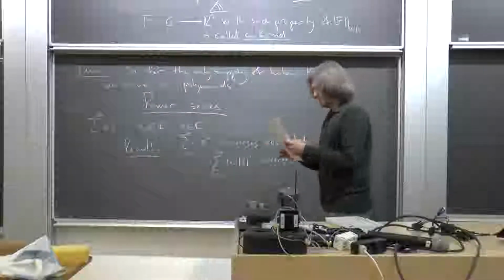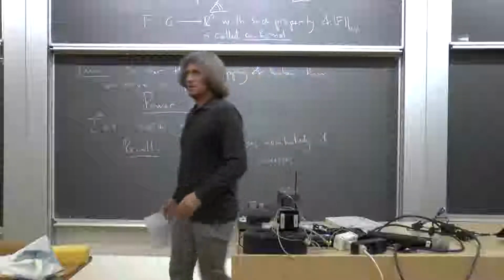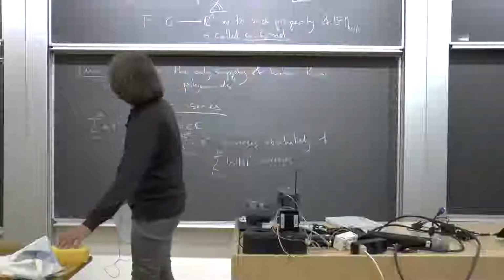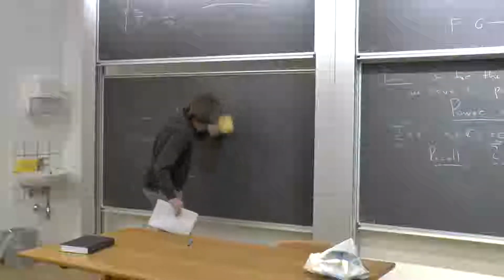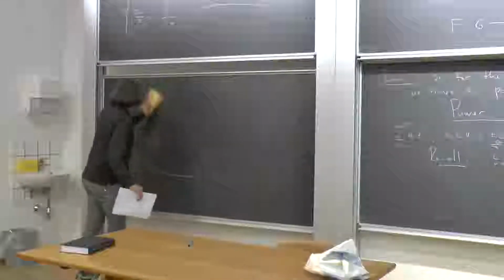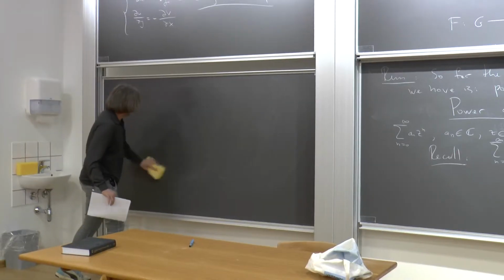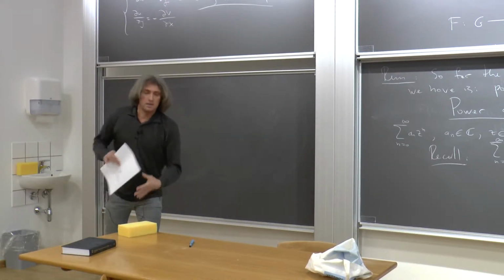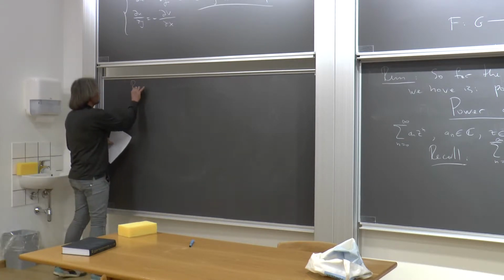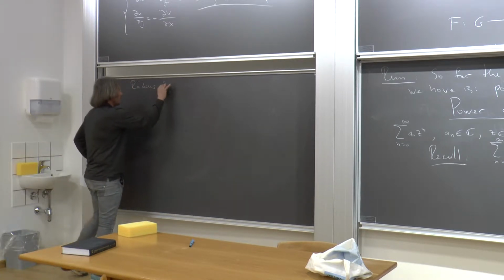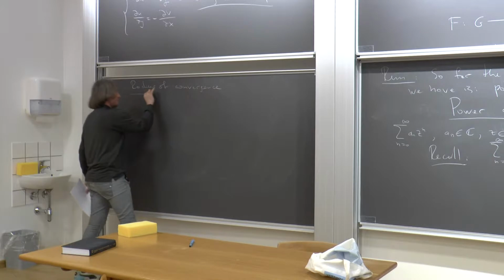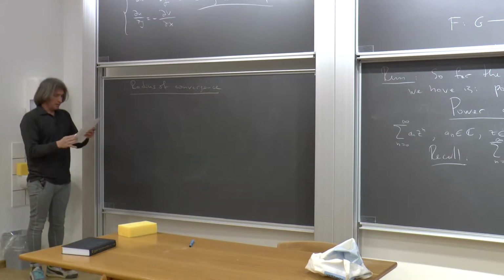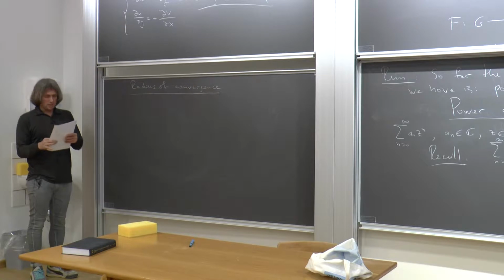So we want to discuss what's called radius of convergence. So let's talk about this. So radius of convergence. So suppose we have these series. So in particular we have coefficients. So define a set.